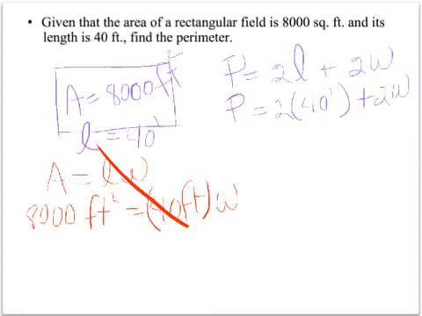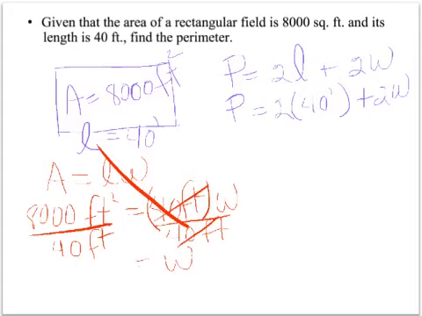Notice that in this equation we only have one unknown, and therefore we can solve for W. So let's divide both sides of the equation by 40 feet. And that gives us W equal to 200 feet.